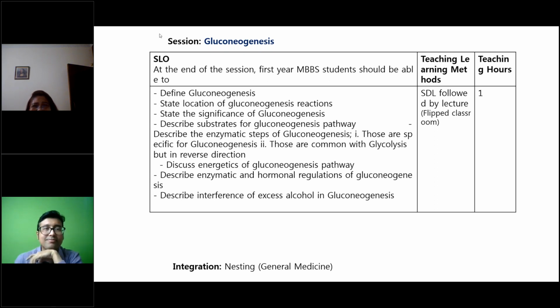Then discuss energetics of gluconeogenesis, describe enzymatic and hormonal regulations of the gluconeogenesis pathway, and lastly describe the interference of excess alcohol in gluconeogenesis.